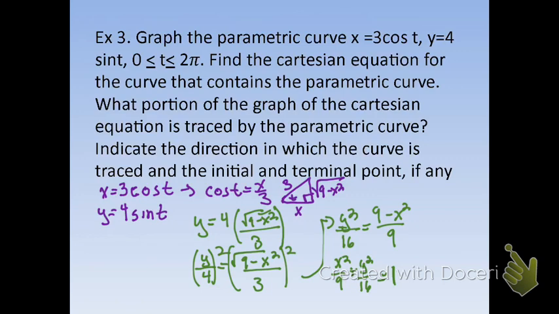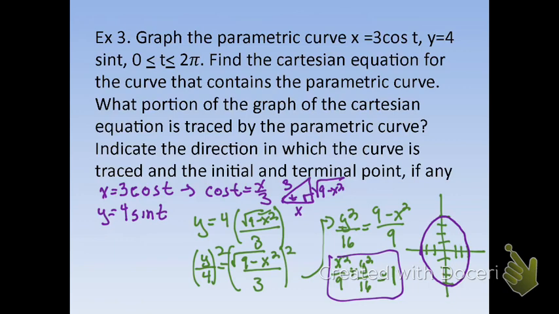Okay, so when we go to graph this, my major axis, minor axis, okay, we found that, and again we're going to substitute 0 in, so x equals 3 cosine of 0, y equals 4 sine 0.